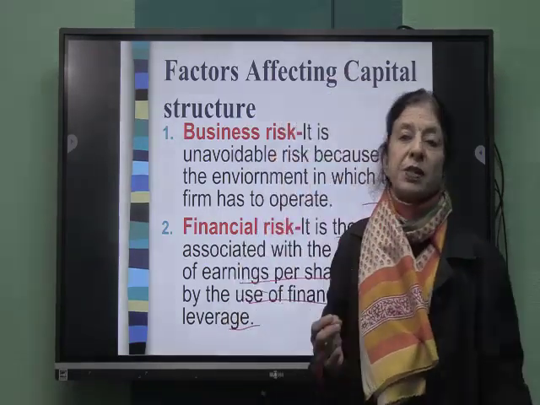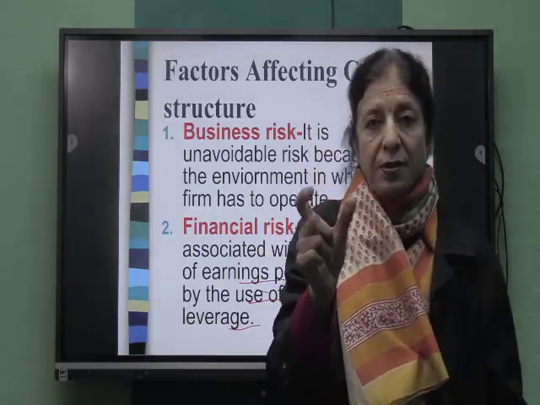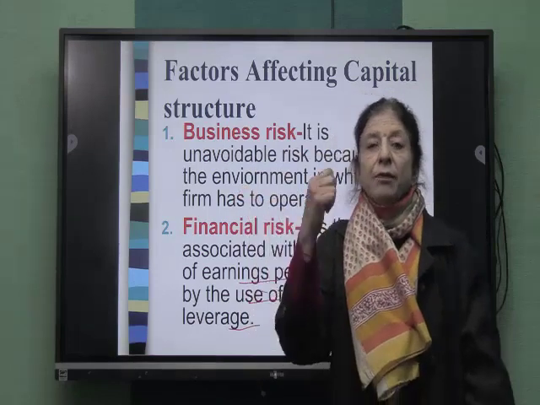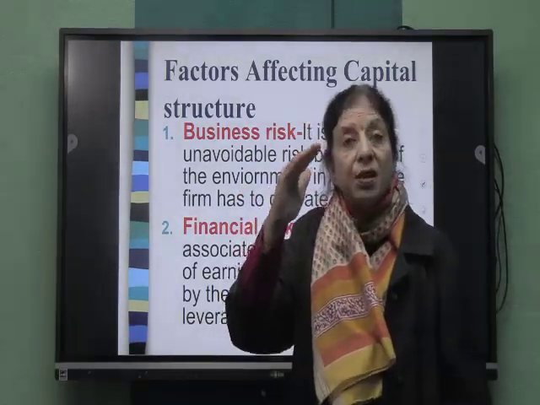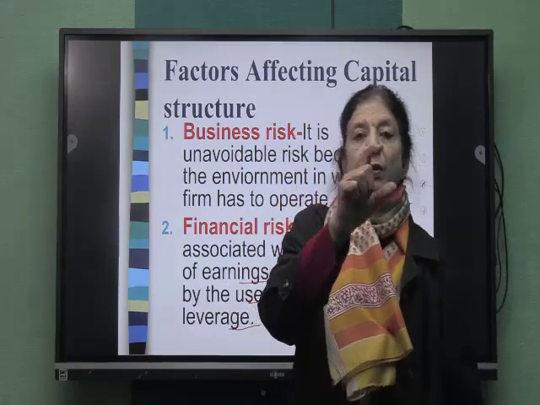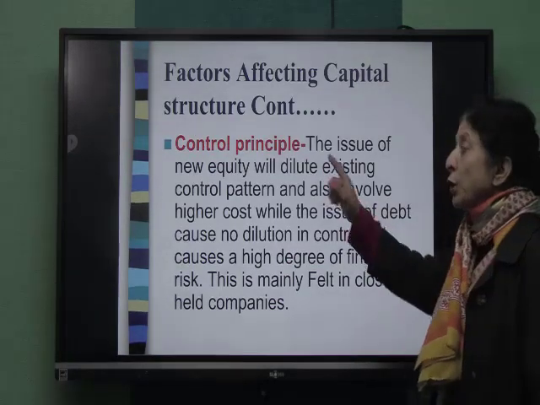That means 2% you are saving on account of that 40% which you have raised through debt financing. That 2% will go to the equity shareholder, and the return to the equity will increase because you have used debt financing.